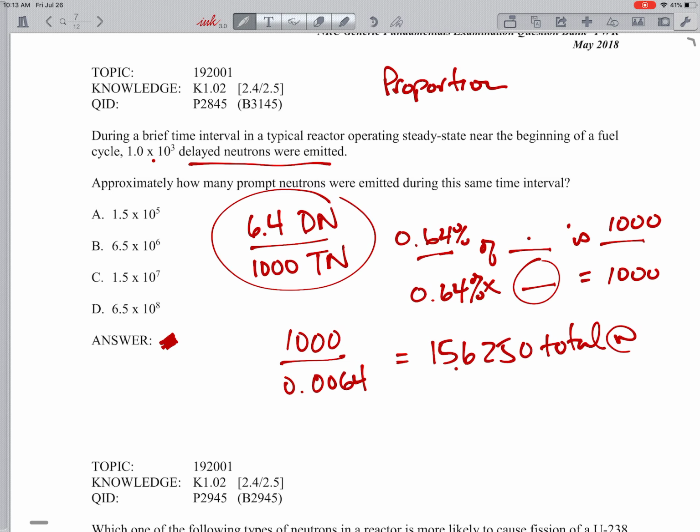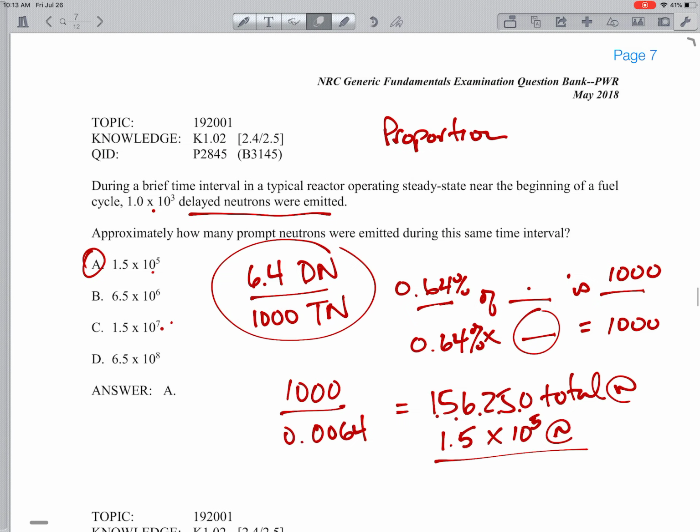And that looks like the same proportion. That's also going to be 1.5 times 10 to the 5. So it's not going to be a million, a billion, or 10 billion. No, 1 million, 10 million, or 100 million. Sorry. And 1 times 10 to the 5. Is that the correct answer?